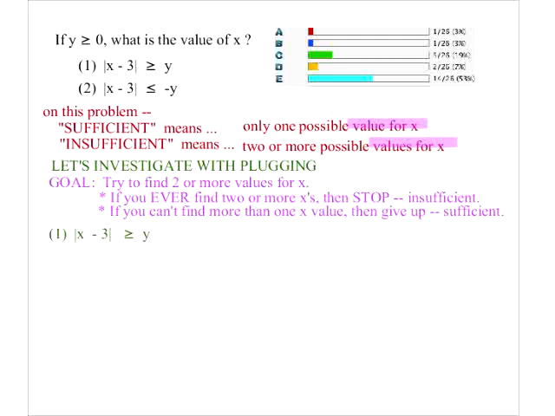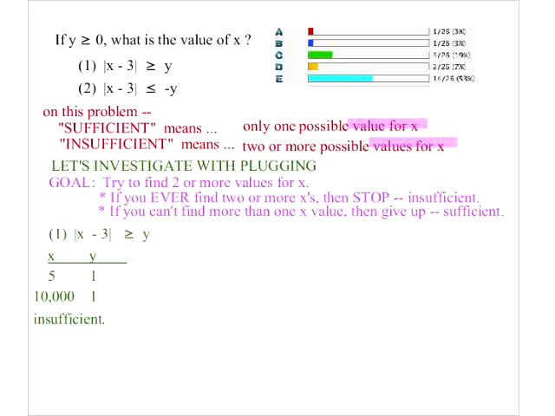Let's X, Y, and then there's nothing else to do if we get two or more X's. So, okay, if we just let Y be like 0, then any X at all will work. Let's try random numbers. If X is 5 and Y is like 1, then that works. But if X is also like 10,000 and Y is 1, then that also works. So that's insufficient.